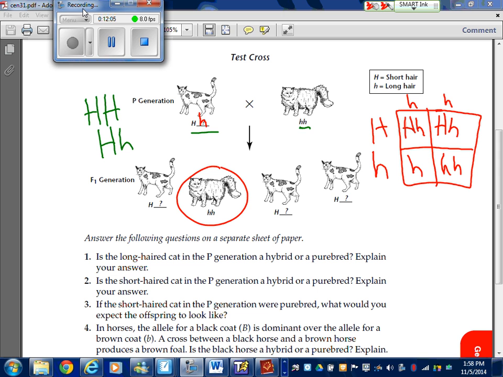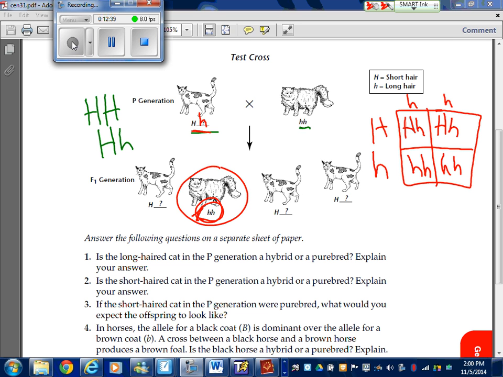Now, some people were confused because the test cross we did before, the parent generation were all purebred. But the parent generation doesn't have to be purebred. Now, there's another confusing thing here, isn't there? Right. What's confusing about this here? So as you look at this, although the Punnett square predicts a 50-50 probability, we know that you couldn't pass on this trait if you didn't have it here.